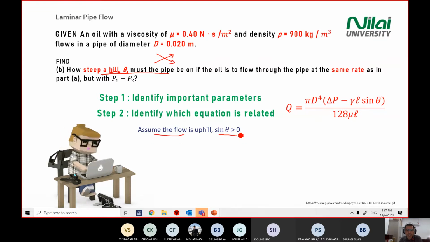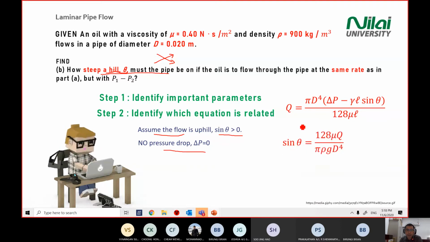So sine theta more than 0, sine is positive. All right, we use the uphill equation. There's no pressure drop in this case, so delta P is 0.